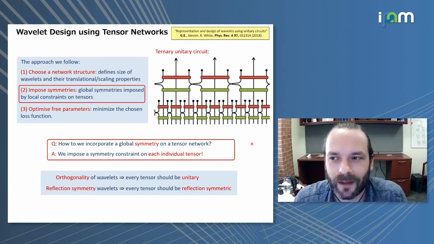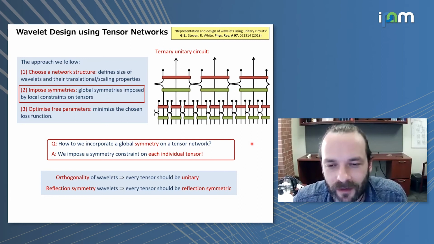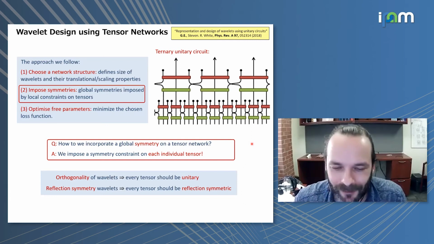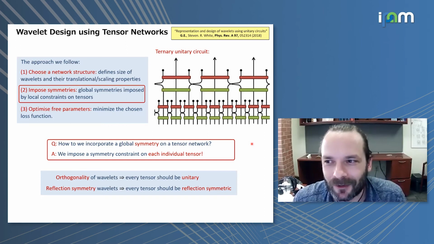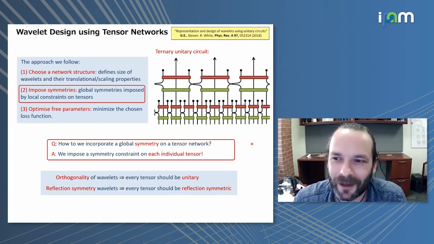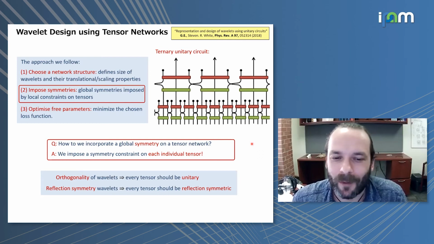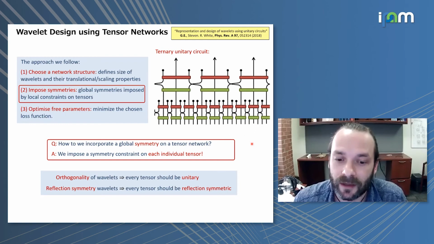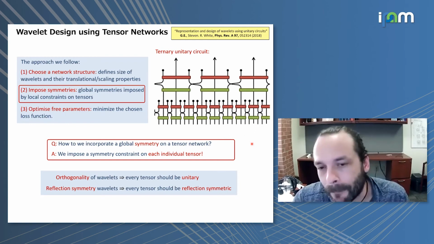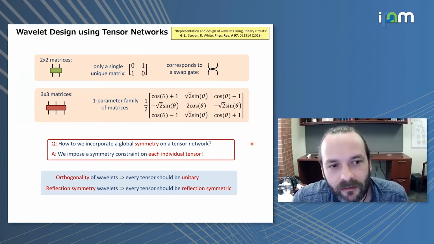So we have these global symmetries. How do we apply global symmetries on tensor networks? This is something that any student who works in this should be able to answer. If you want to impose a global symmetry on a network, you impose it by imposing some local constraint on each individual tensor. Okay, so that's what we do here.